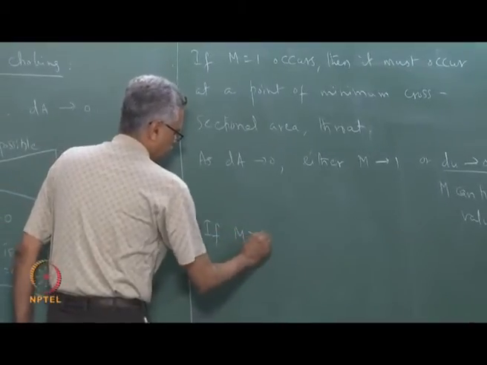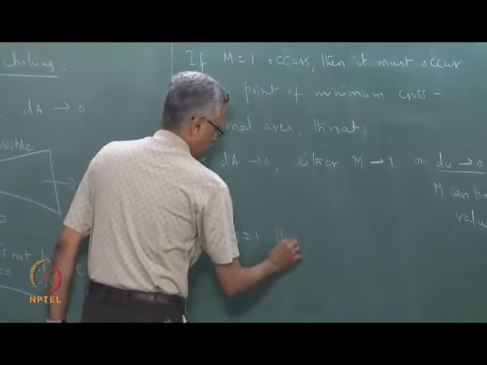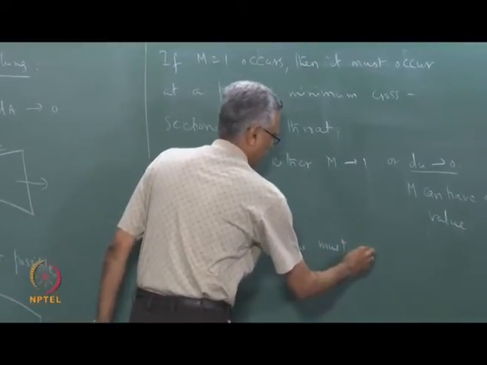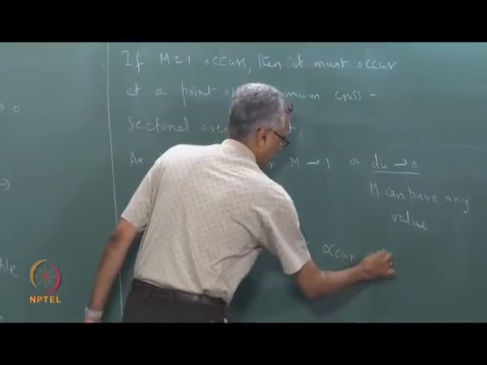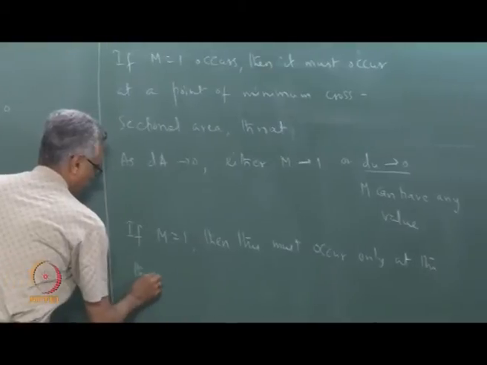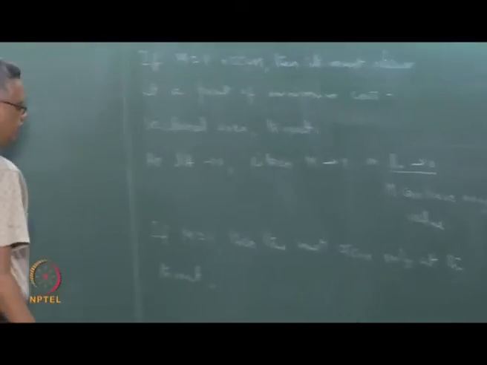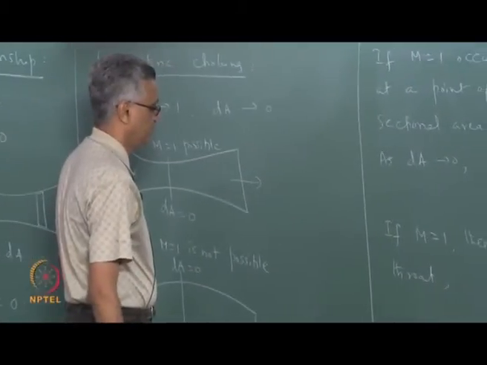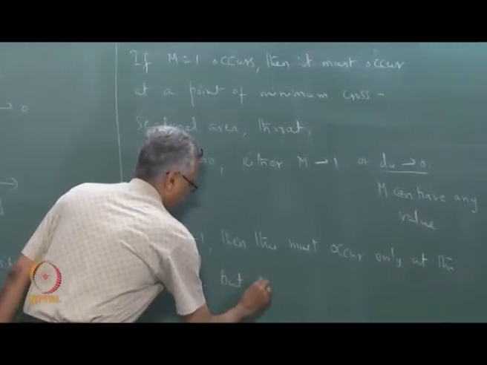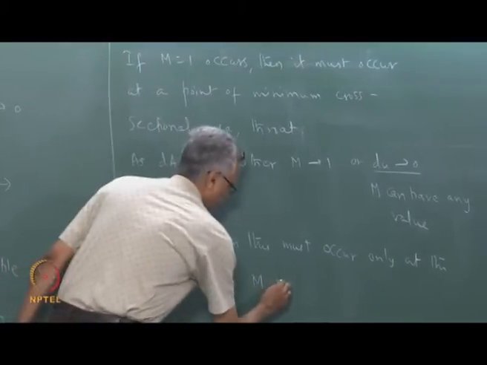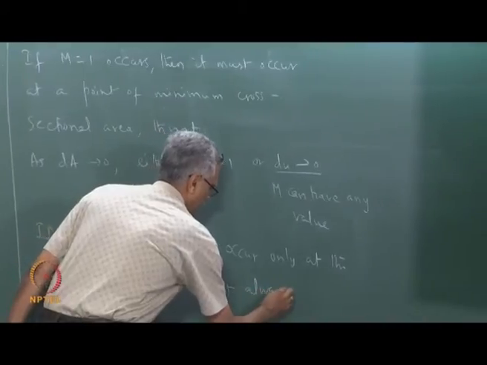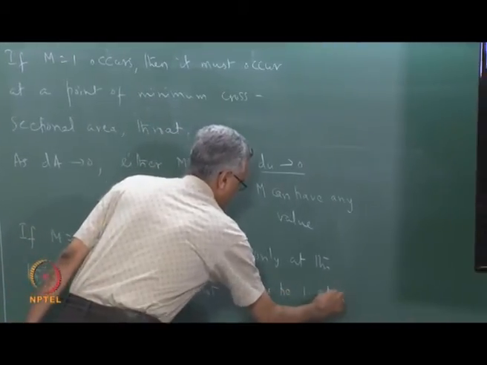If m is equal to 1, it must be at a throat, but m need not always be 1 at the throat.